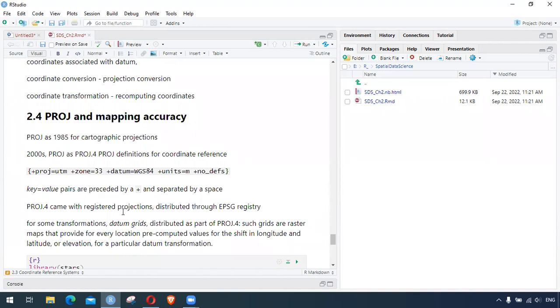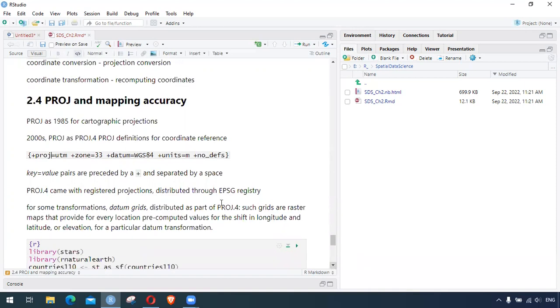We can see that this is the way coordinate reference systems were, from the very beginning, in key value pairs, and we can still see this when we do these things in R. The name later became PROJ 4.